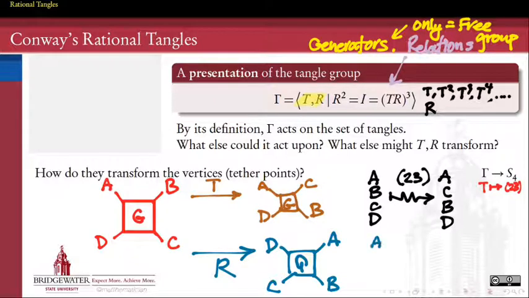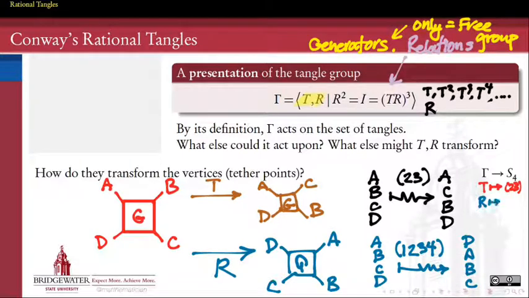The person in the first position ends up in the second position. The second goes to the third, the third to the fourth, and the fourth to the first. So we call that a 4-cycle or a cyclic permutation: D, A, B, C. And so to the tangle operation R, we can associate the 4-cycle (1 2 3 4) in the cycle notation on the permutation group of 4 symbols.